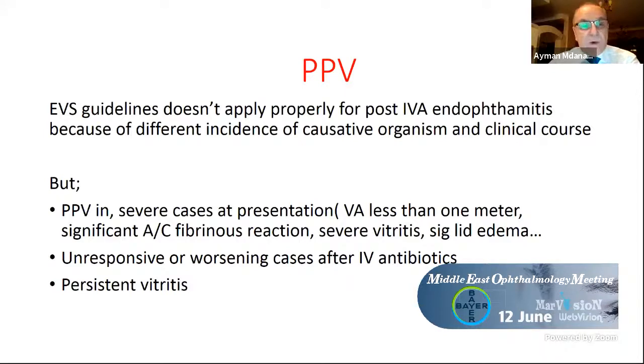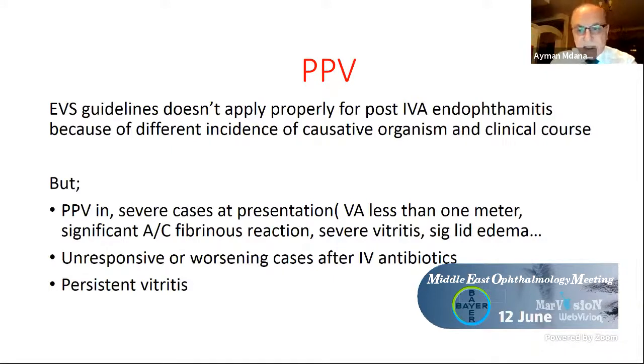But what I do, I do vitrectomy in severe cases, when the case is severe at presentation, like when we have visual acuity less than counting fingers at 1 meter, a significant anterior chamber fibrinous reaction, severe vitritis as shown by the ultrasound, severe lid edema, etc. Or if the eye is not responding or is worsening after giving intravitreal antibiotics, or if there is a persistent vitritis. This is where I do my vitrectomy.